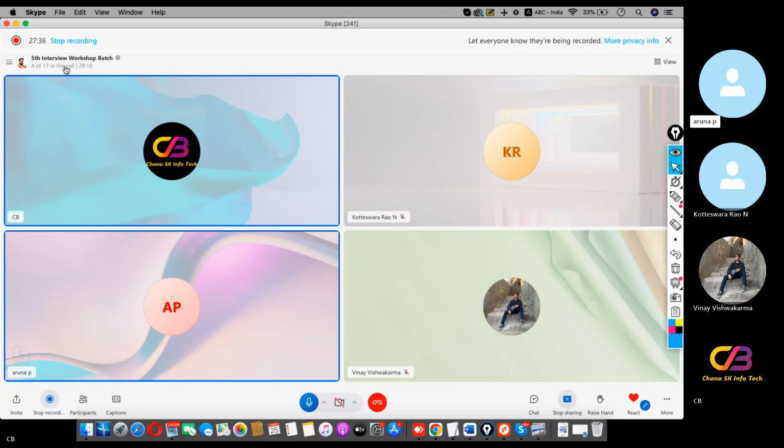Coming to the IDOC structure, in the IDOC we have three types of records: control record, data record, and status record.